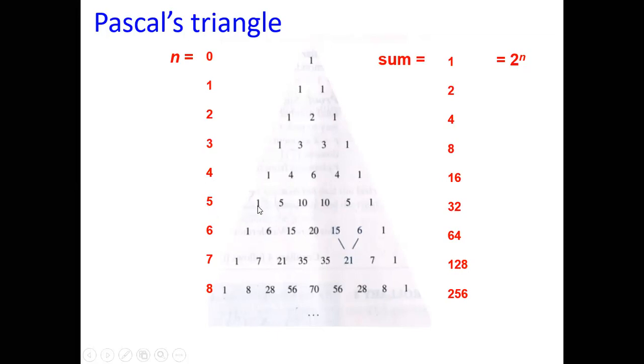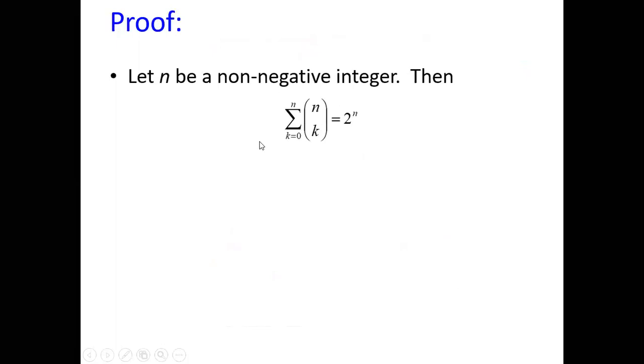For n equal 5, if we sum these coefficients, it will give us 32. He noted that. The proof of that is that the summation of all combinations from 0 to n equals 2 power n.